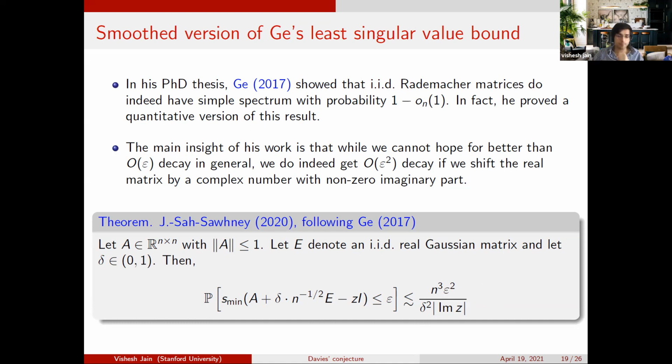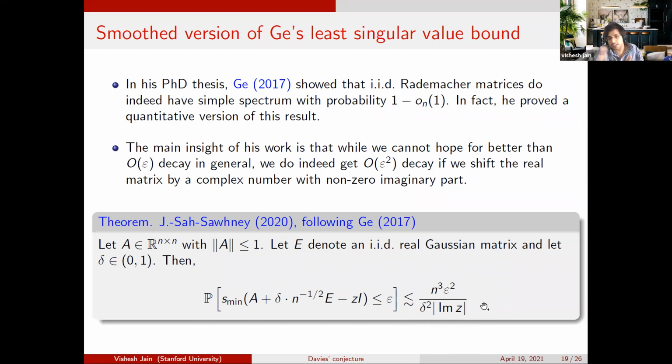This is the best I can do. But if I perturb it by a genuinely complex number, in the sense of having a large imaginary part, then you can actually improve the rate from epsilon to epsilon squared, right? And the price you pay is that there is a dependency on the imaginary part of the shift.